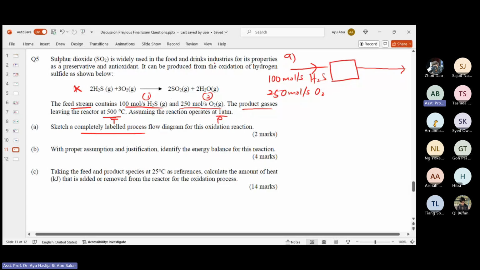Okay, so product gases are SO2, H2O, and O2.